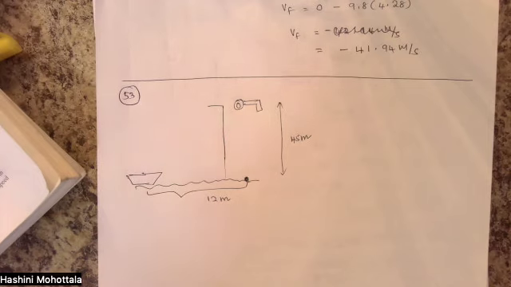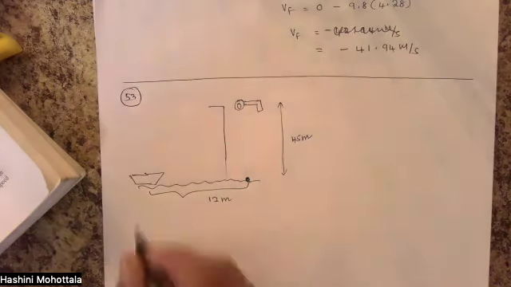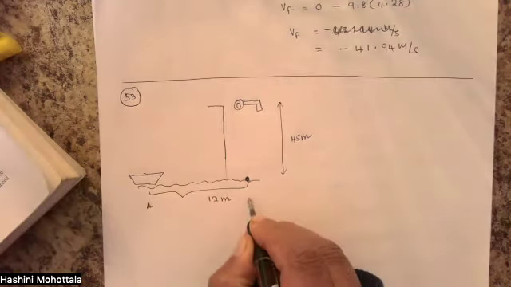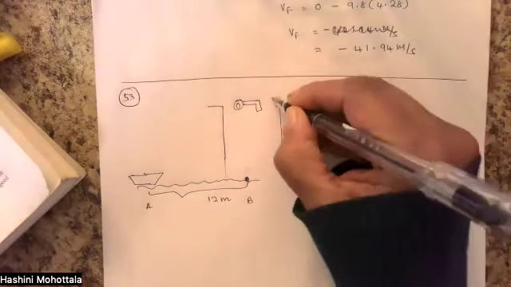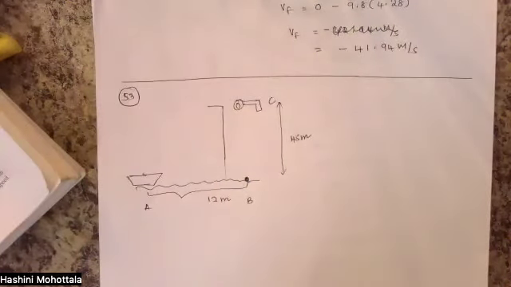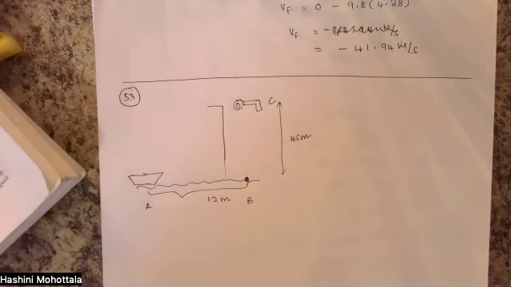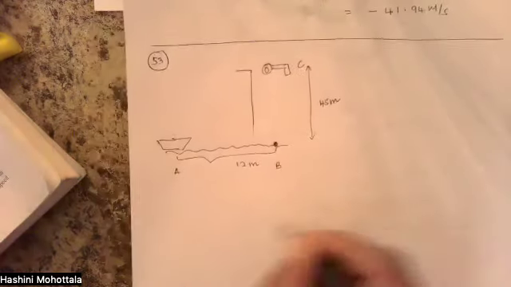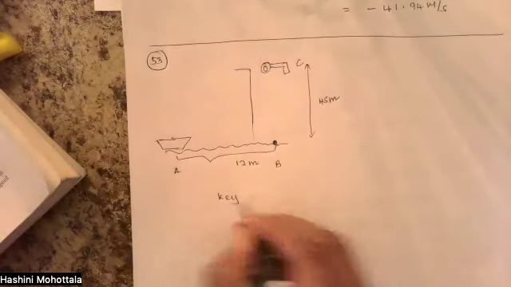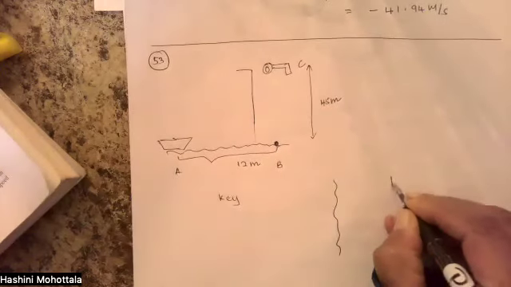Yes, they must be the same in order for them to meet. So going from A to B, and then here let's say C to B, the time it takes from A to B versus C to B should be the same. Otherwise, the key will not meet the boat or the boat will not catch the key. So we are going to write down the information for the key and the boat separately.